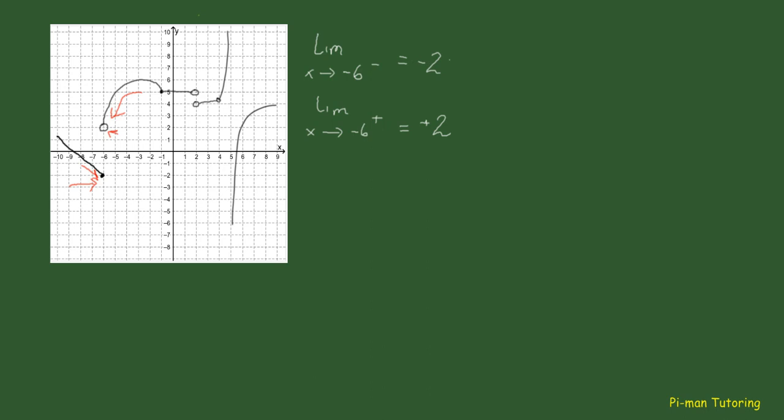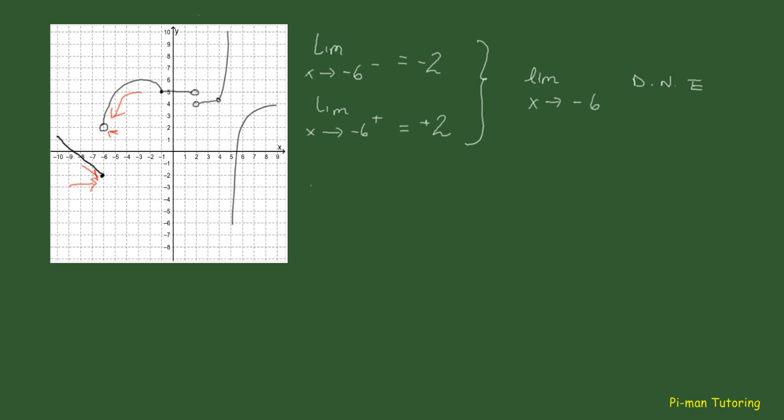Now, if we have a situation like this, where a function is tending towards two different values depending on whether you approach a certain value of x from the right or from the left, that means that the limit as x tends to -6 for the entire function does not exist. For a limit to exist, we must be able to approach from either direction and arrive at the same value.